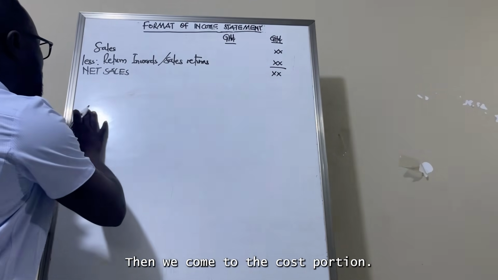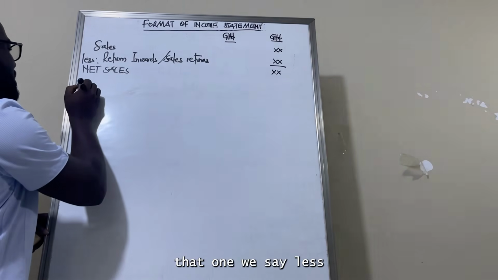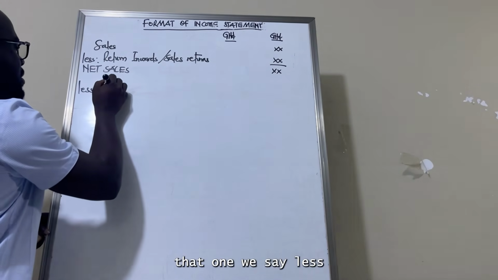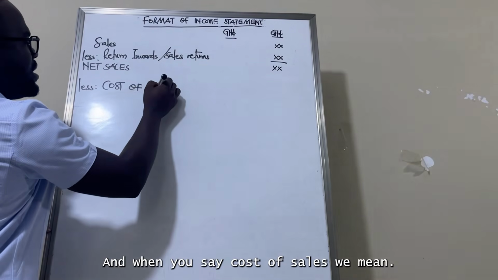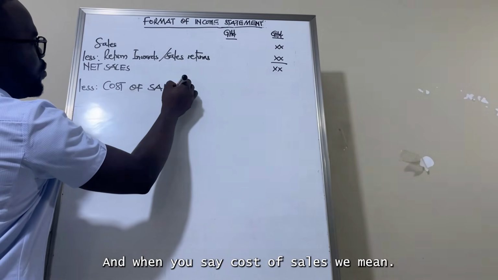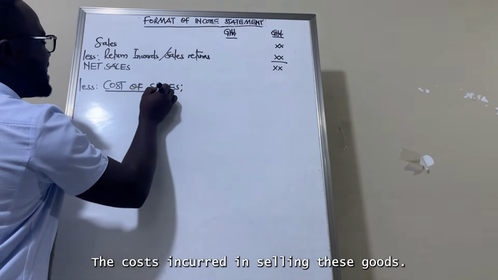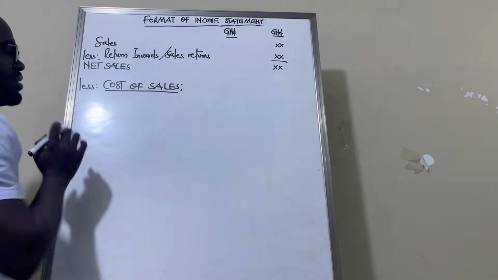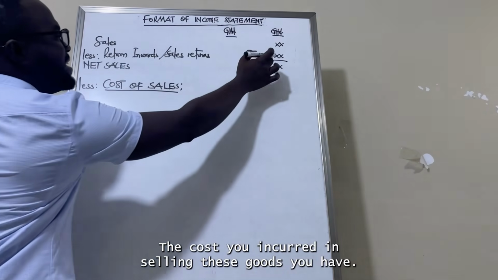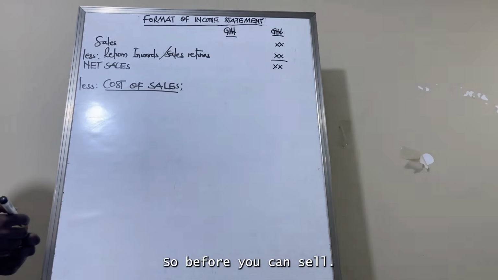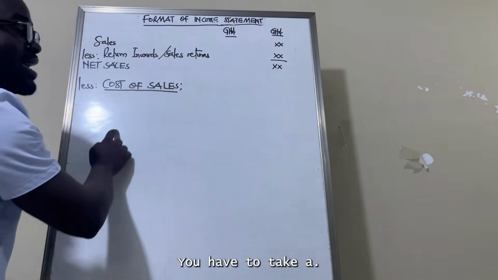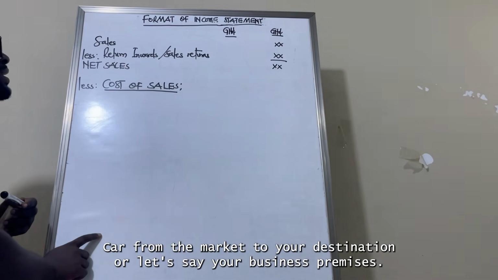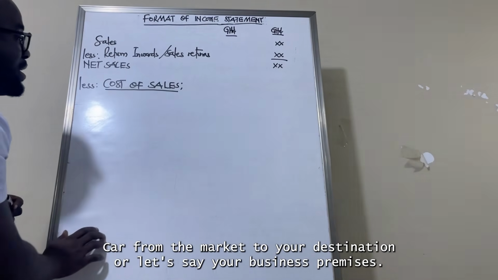Then we come to the cost portion. That one we say less cost of sales. And when you say cost of sales, we mean the cost incurred in selling these goods. So before you can sell rice, you have to go and buy rice. You have to take a car from the market to your business premises.